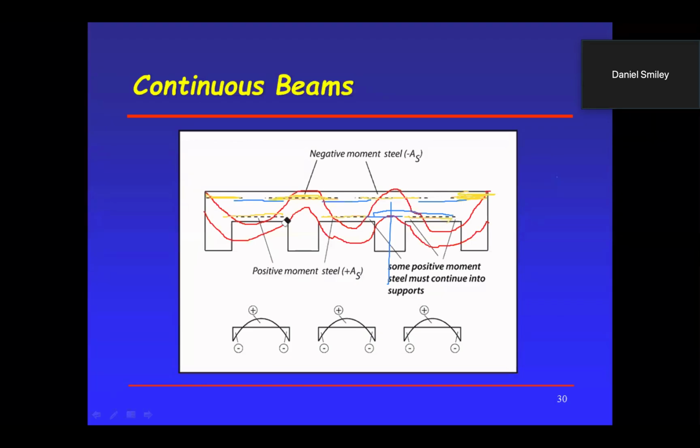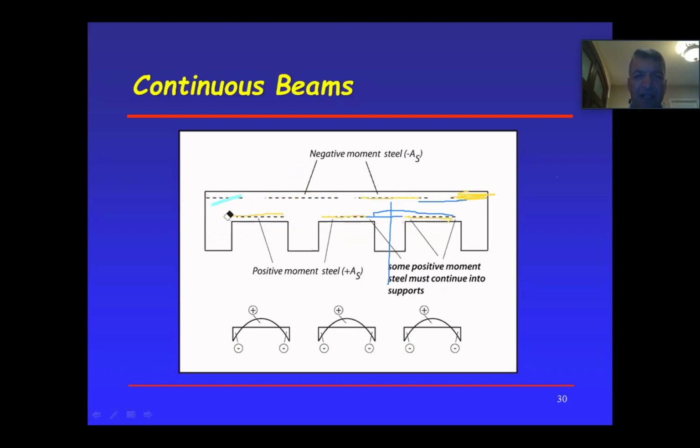Any other questions? Okay, so let me clean this, and I will draw the moment diagram. All right. So let's draw the moment diagram and show you how this works.